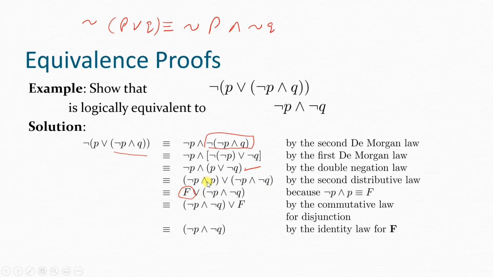So we are left with false or negation P and negation Q, and we know that false is the identity for the or operator, that is false or P gives us P. So false or negation P and negation Q gives us negation P and negation Q.